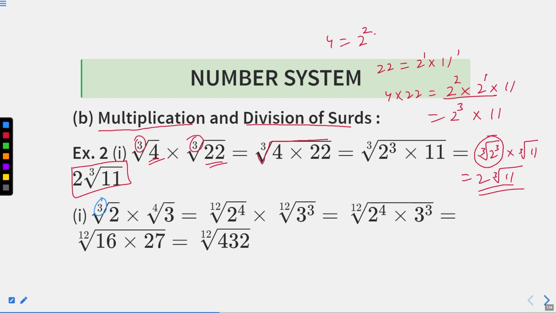Here the order is not equal. In order to multiply them, we make the order the same. The order is 3 here, the order is 4 here. So how are we going to make the same order? It is quite a simple task.